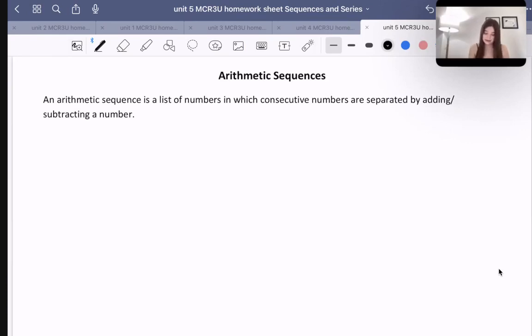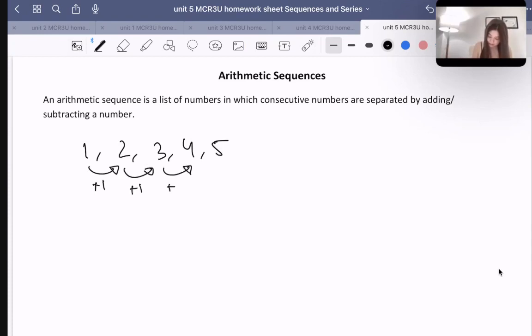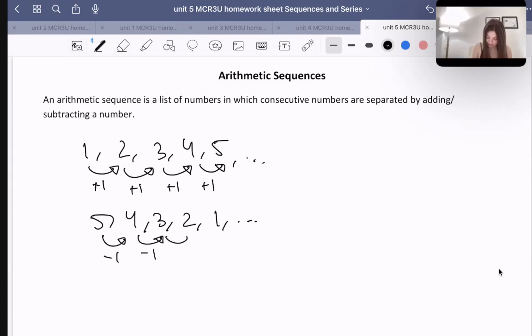So, for example, 1, 2, 3, 4, 5 is an arithmetic sequence because each time we just add 1, right? Plus 1, plus 1, plus 1, plus 1. Same with 5, 4, 3, 2, 1, etc., right? Because each time all we do is we subtract 1, subtract 1, subtract 1, subtract 1, subtract 1.